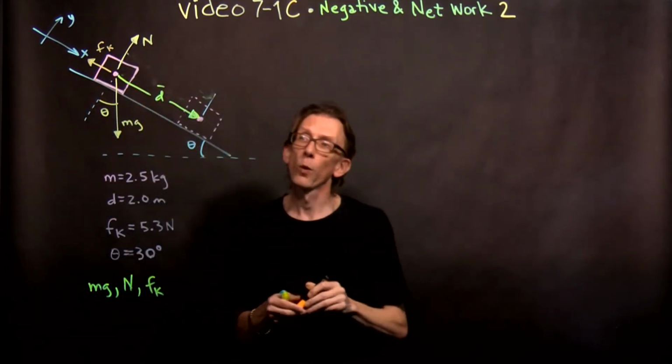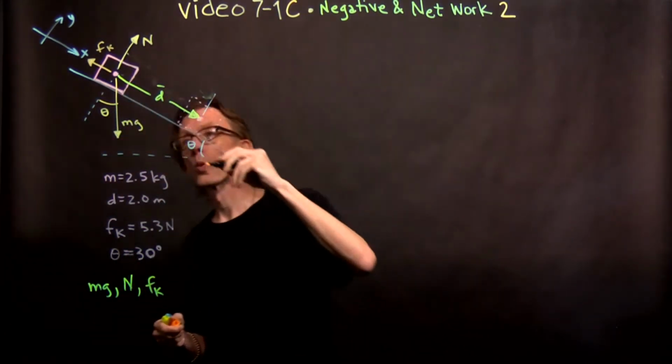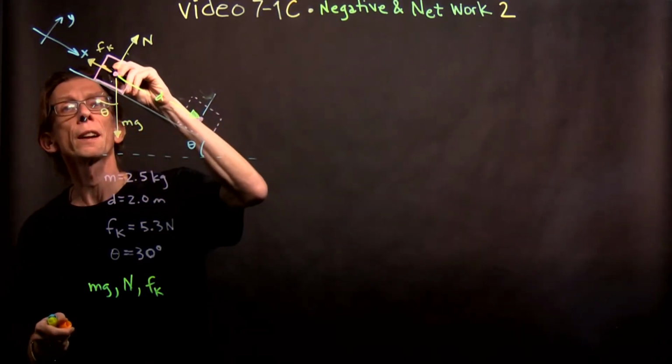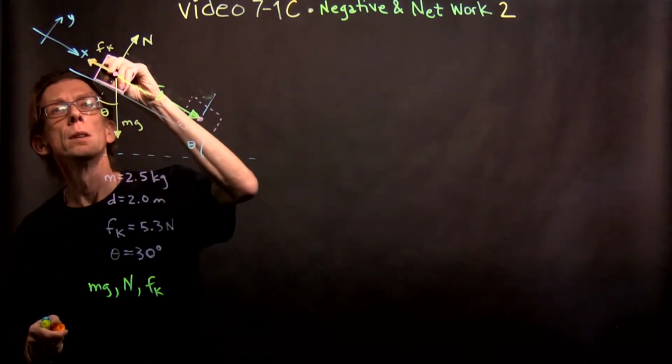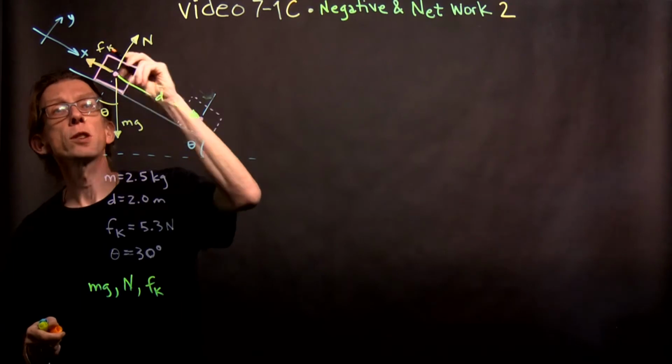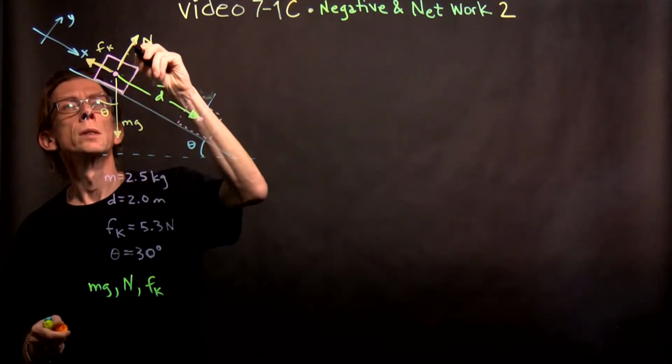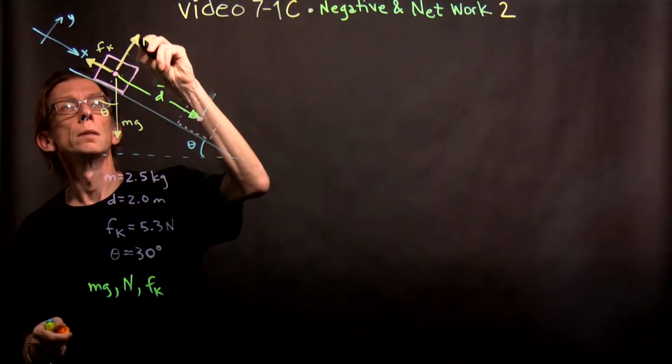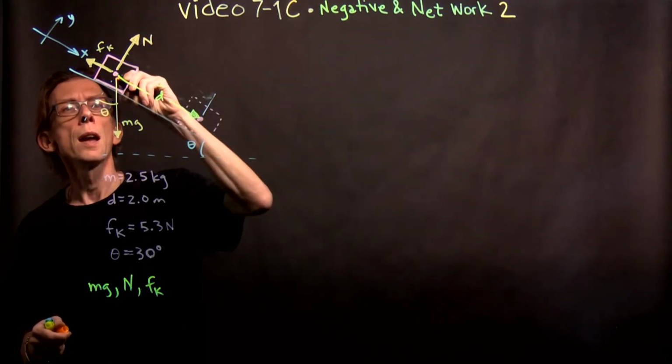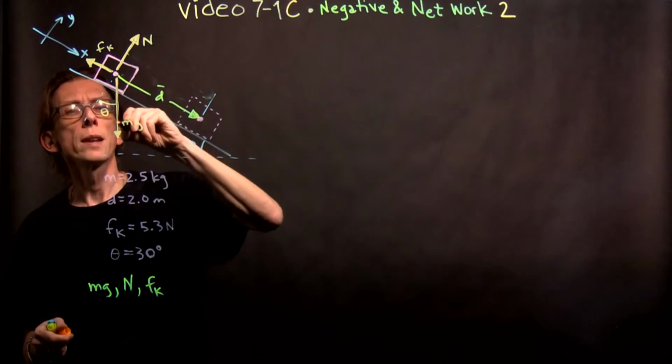So we have 3 forces acting on it. The kinetic frictional force pointing uphill, opposed to the direction of motion, the normal force pointing perpendicular to the direction of motion, and the weight straight down.